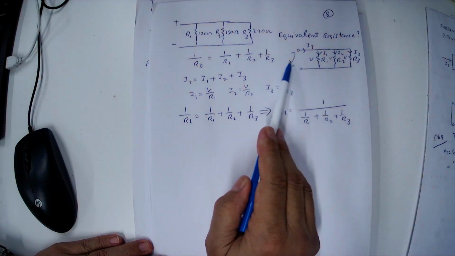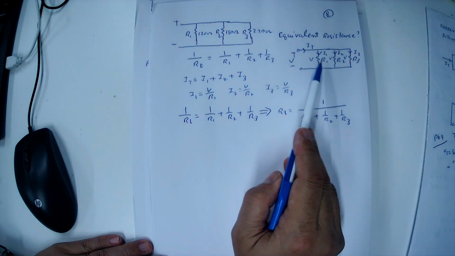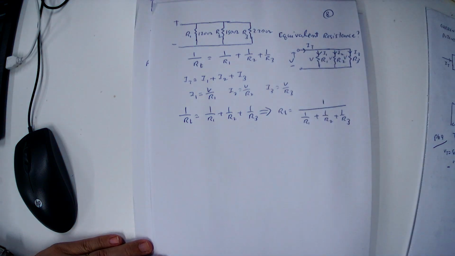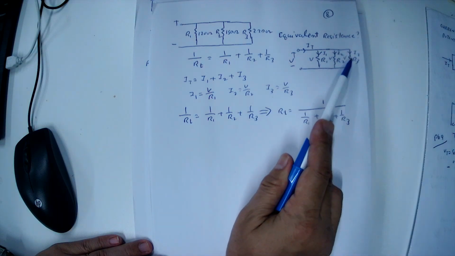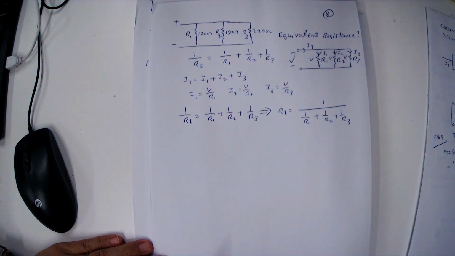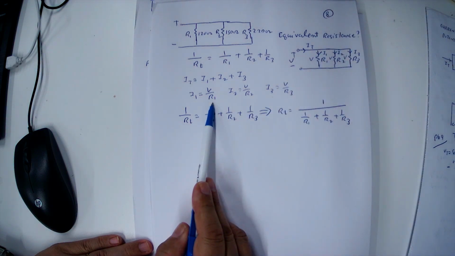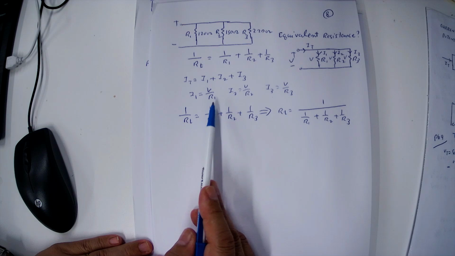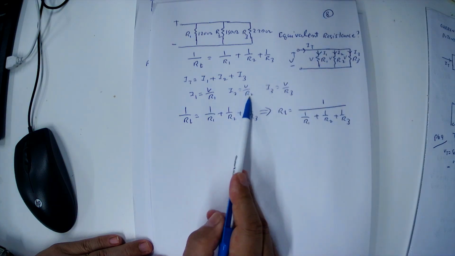And the supply voltage is also equal to the voltage across each resistor because they are connected in parallel. So the R1 voltage is V, R2 voltage is V, R3 voltage is V. We can calculate the current flowing into R1, V divided by R1. So I1 equals V by R1. The current flowing into R2, I2 equals V by R2.